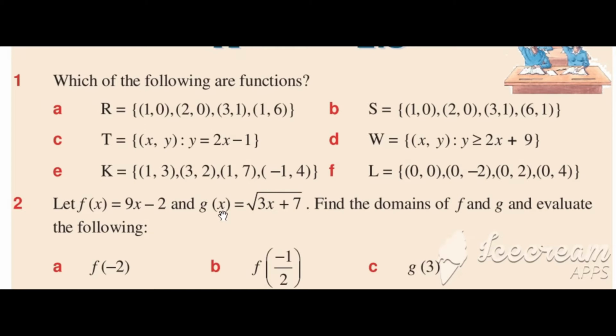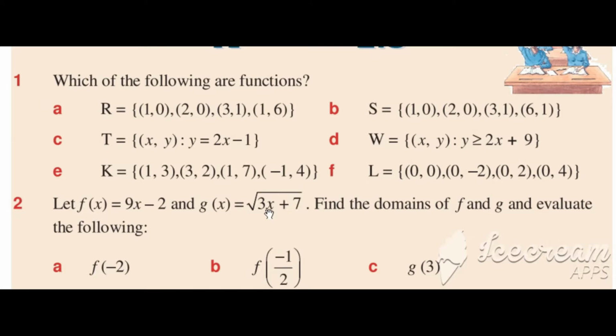When we see the function g of x is equal to square root of 3x plus 7, to find the domain we have to find the possible values of x. We need 3x plus 7 to be greater than or equal to 0, because 3x plus 7 must be greater than or equal to 0 to get a solution in real numbers.